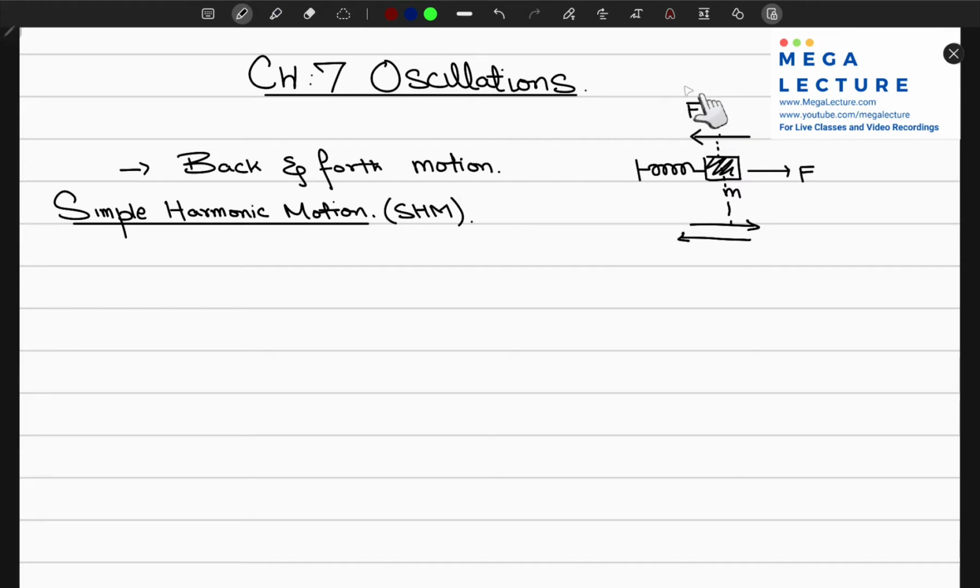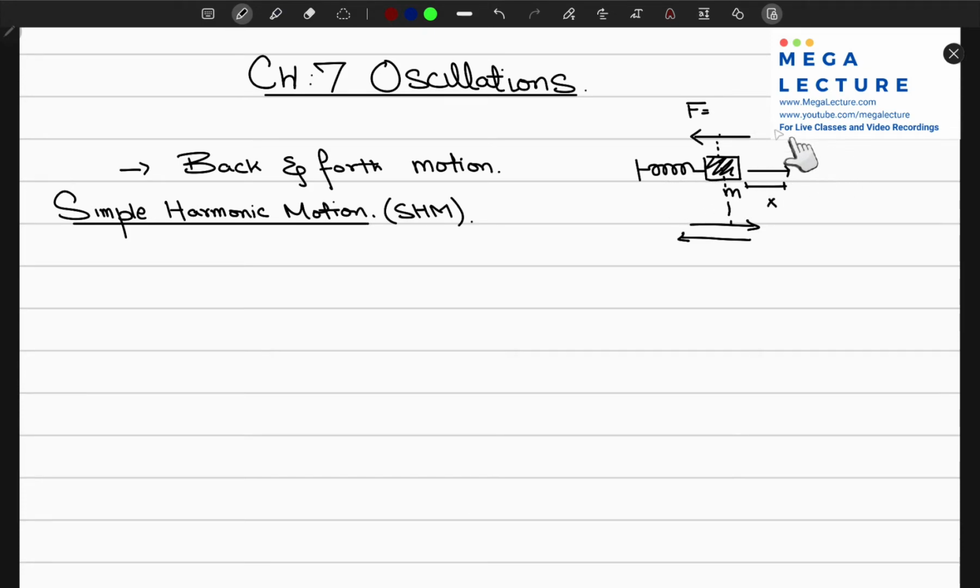We represent it with this F. Now this force is proportional to the displacement that I moved it in this direction. So let's say I moved it some x displacement. You would expect the block to go in this direction, towards the mean position.